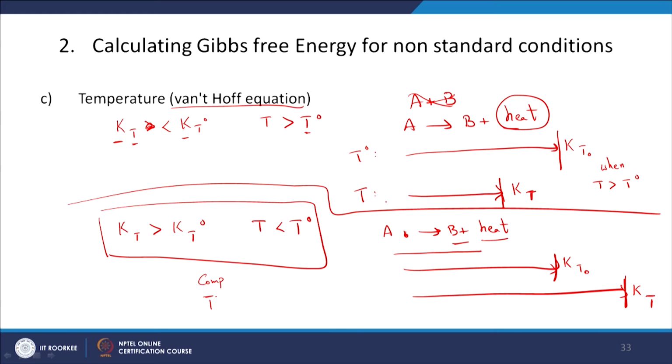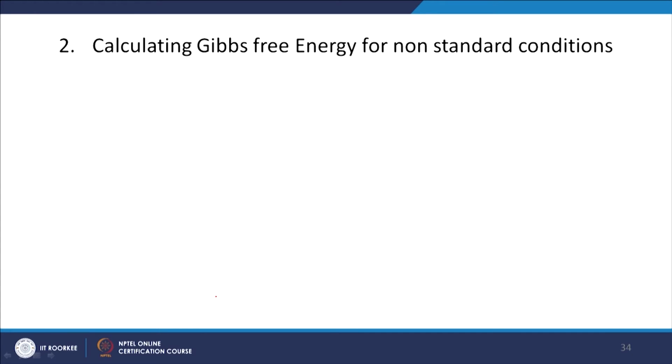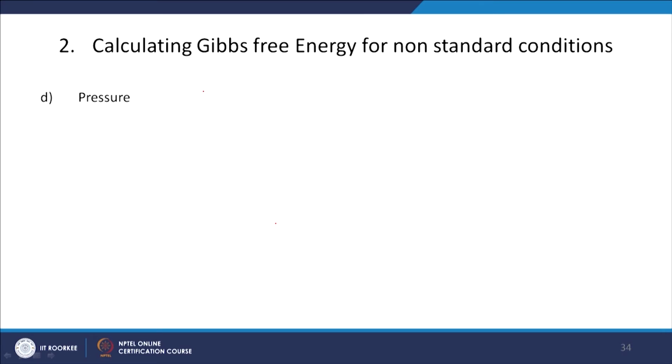Now we are going to move on to pressure. Let me look up the relevant equation that I have here. We are going to look at this particular equation, C2H6 plus 3.5 O2 goes to 2 CO2 plus 3 H2O. In general here assume that all are gases, so everything is in the gaseous phase.